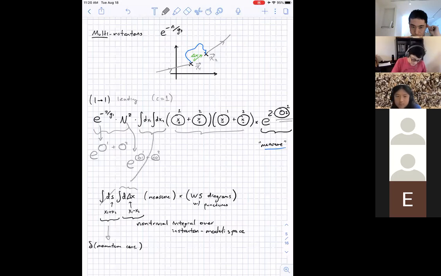One of them, as we saw, gives you the delta function conserving energy and momentum. And the second one is just a non-trivial integral that you have to perform. This is the correct measure, and it can be computed exactly, as we'll do in a second.